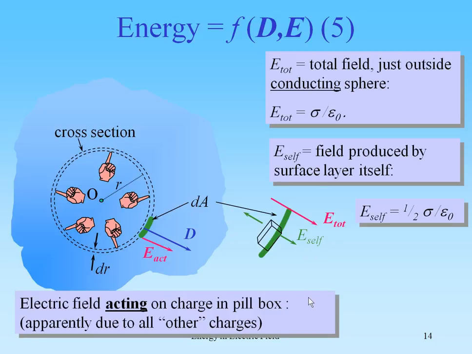And thus the acting field on the charge in the pillbox, apparently due to all other charges, is the total field minus the self field, which is 1/2 of E total.